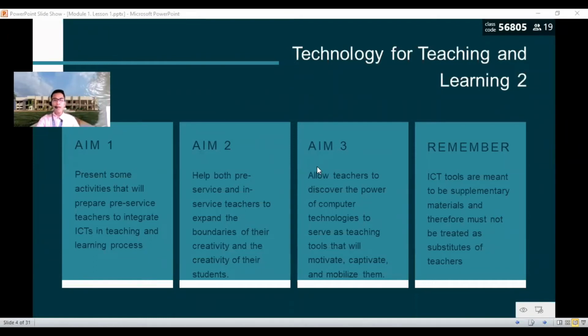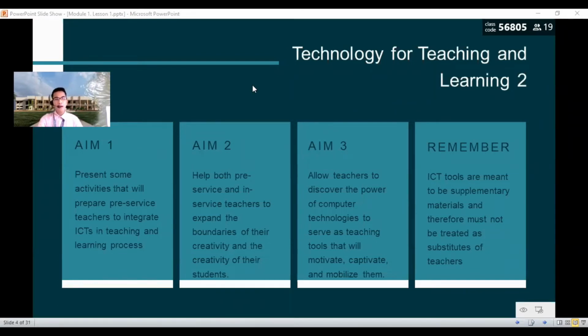And the third aim is to allow teachers to discover the power of computer technologies to serve as teaching tools that will motivate, captivate, and mobilize them. Kasi hindi lang ibig sabihin na since teachers are equipped, they are versatile, they are equipped with the competencies in utilizing different ICTs or different technologies, ang ginagawa na natin is si teacher na ang nag-showcase in manipulating those technologies.